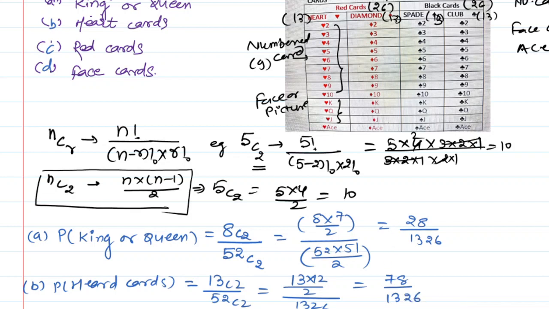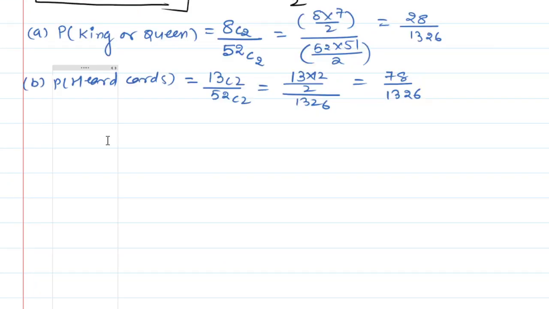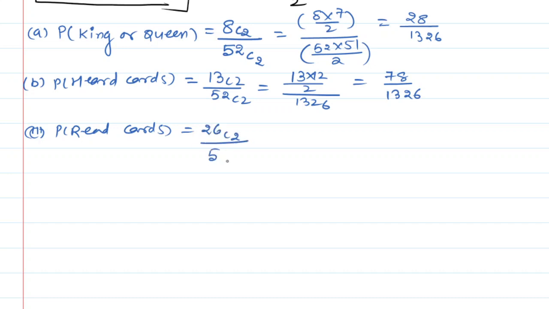Next part is I want red cards. Okay, so how many red cards we have? The total number of red cards that we have in a pack is 26. So probability of getting red cards is 26C2 upon 52C2.